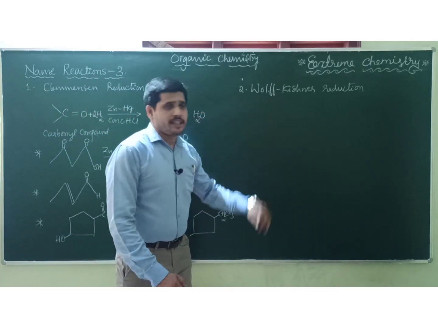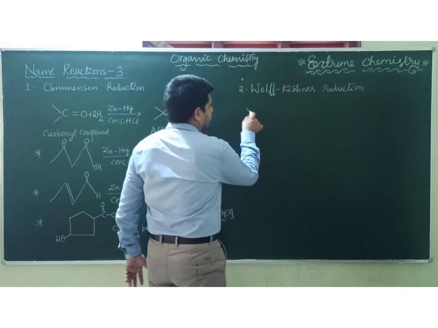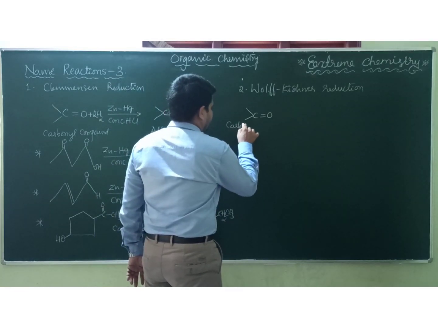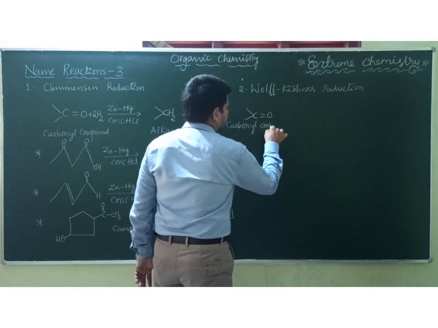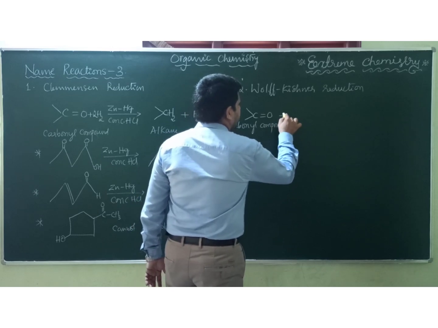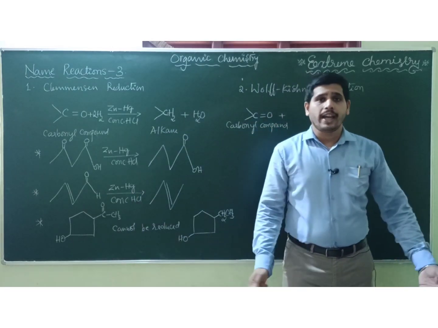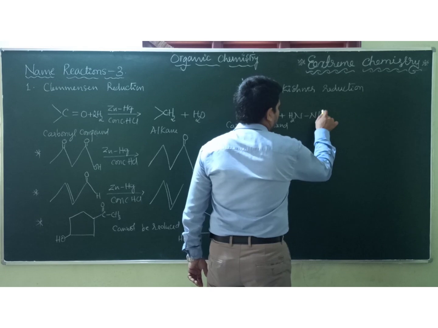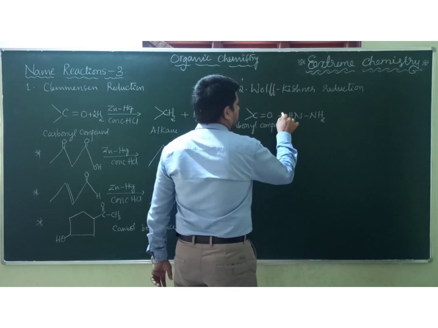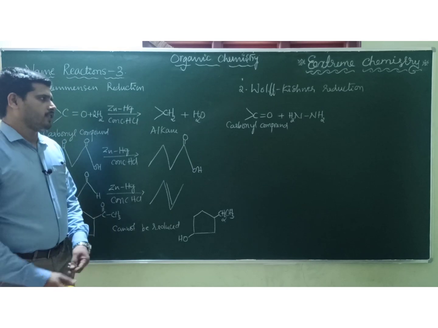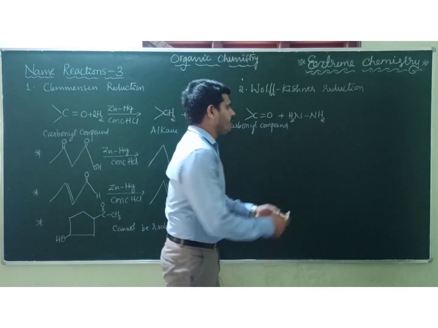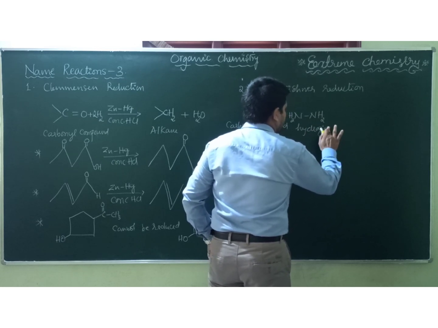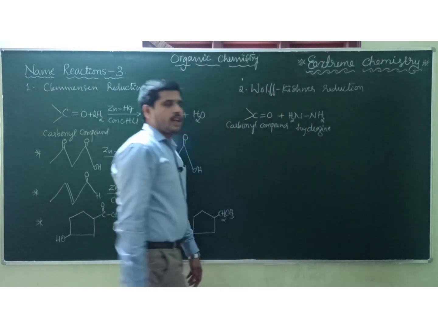In this particular reaction, we are taking the similar compound, that is a carbonyl compound or group, which must be initially treated with hydrazine. What is hydrazine? It is nothing but NH2 NH2, a hydrogen and nitrogen combination, a diamine group. So hydrazine is taken as the first step of the Wolff-Kishner reduction. What happens?